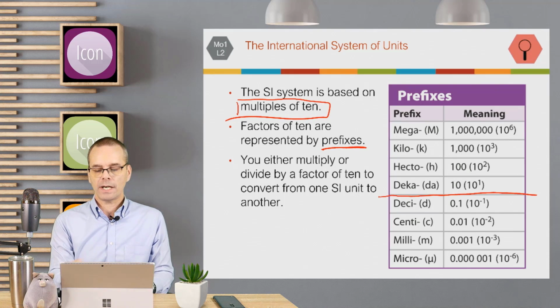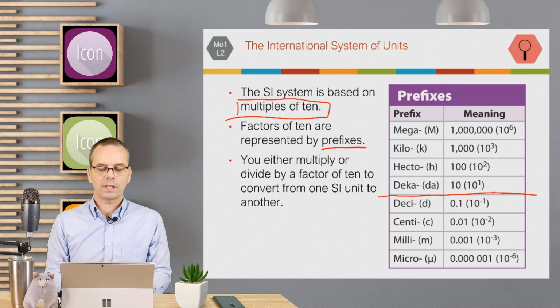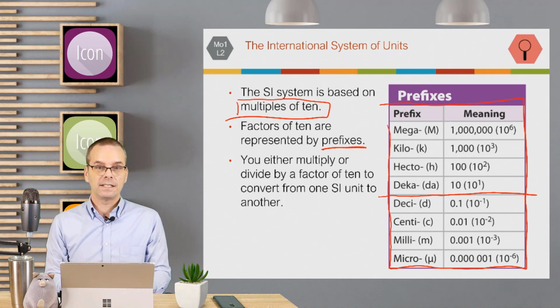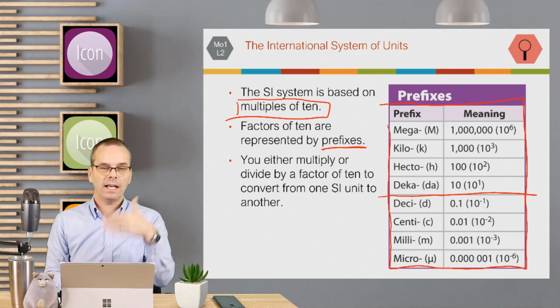For example, you can have decameter, hectometer, kilometer, megameter, or kilogram, megagram, hectogram, etc. And each one of those is a multiple of 10. You also have centimeter, millimeter, micrometer, etc. And on and on.